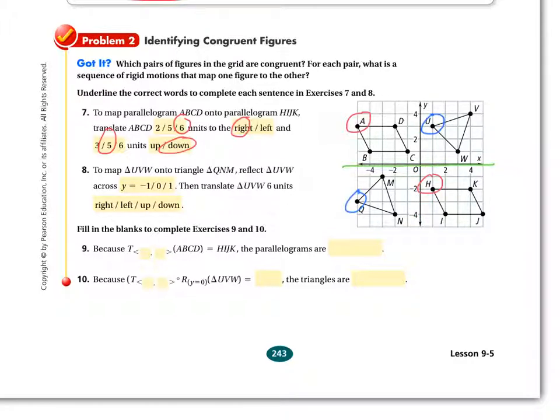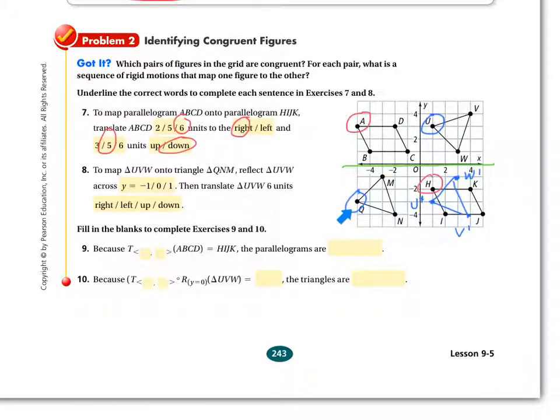So I'm going to plot this point right here as U prime, and then V is 1, 2, 3, 4 away, so we want to go 1, 2, 3, 4 over here. So this right here is V prime. And then W is 1 away, so we want to go 1 away here. And so this becomes W prime. And so if I connected those with a straight edge, of course, now do you see that we would just translate it over this direction?